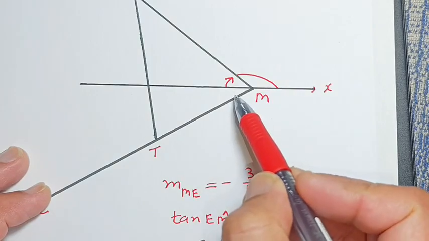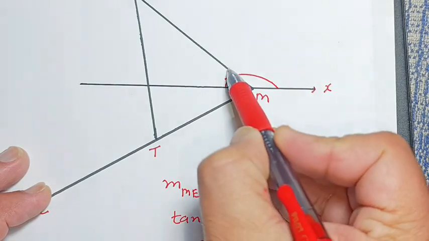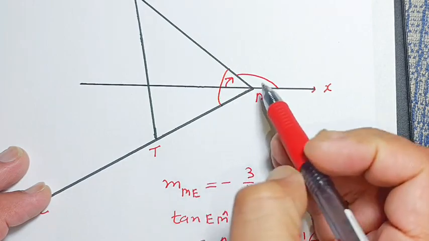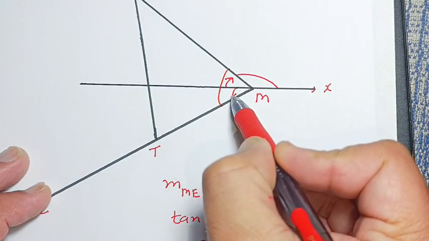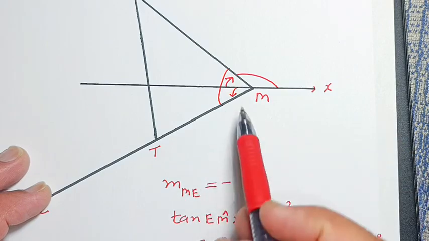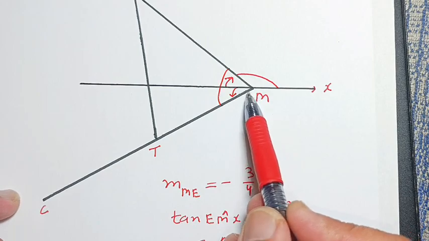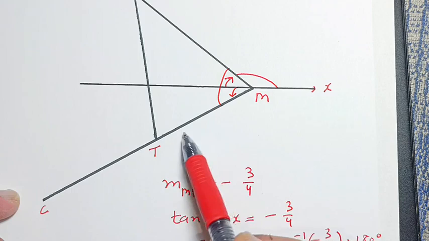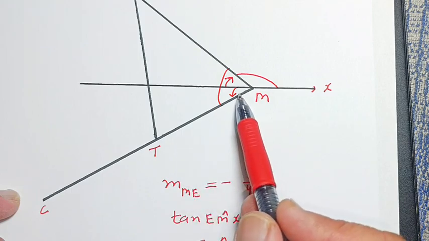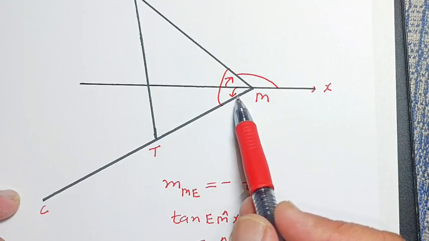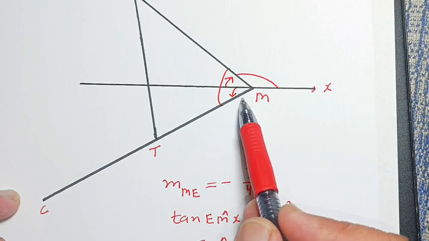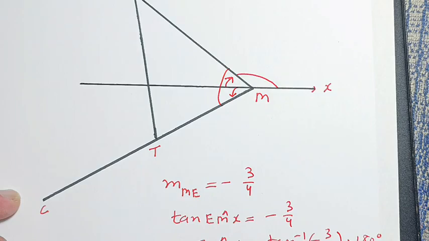Now we also need this angle, because we need the whole angle M. This is going to be anti-clockwise. So M I can find anti-clockwise, MC or MT, same thing. We have the gradient 1 over 2, so I can apply tan and the angle of inclination.